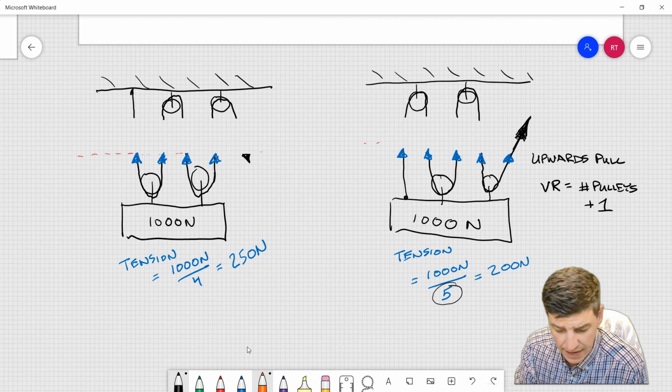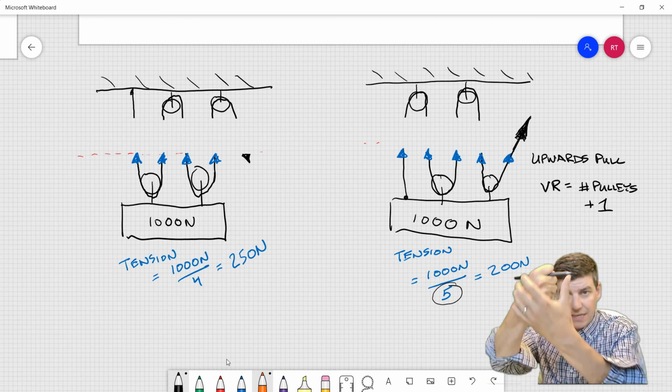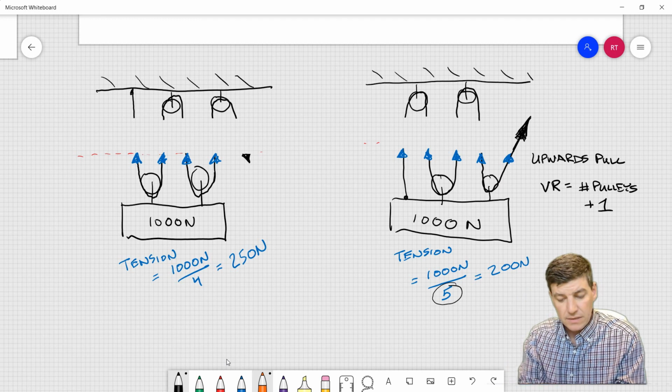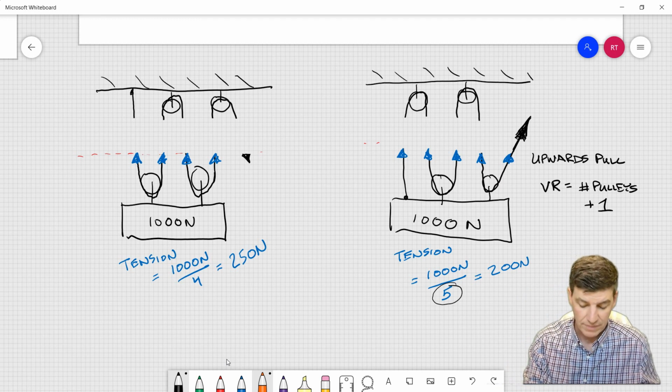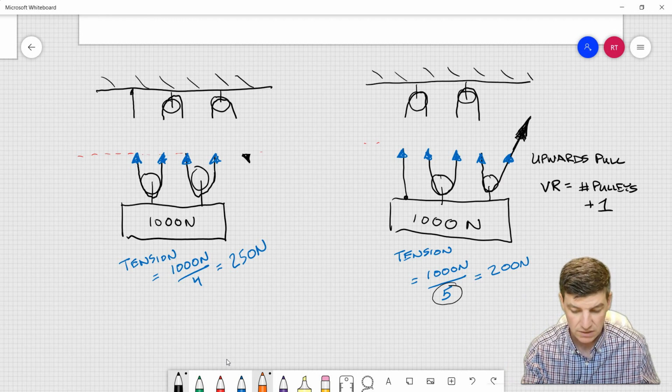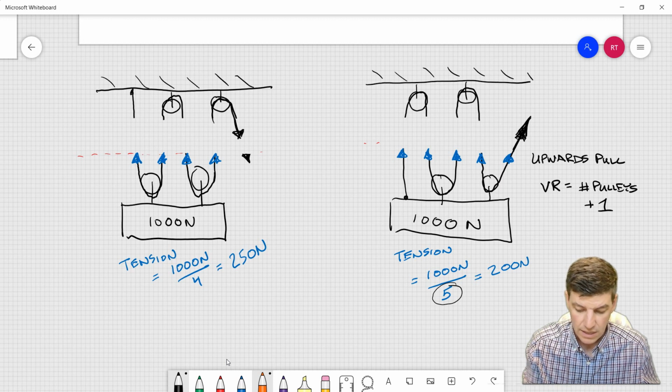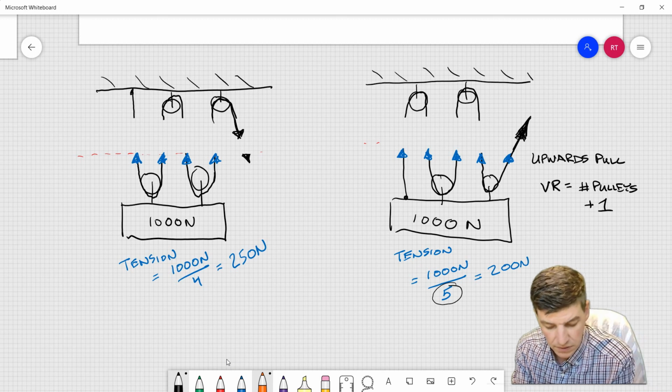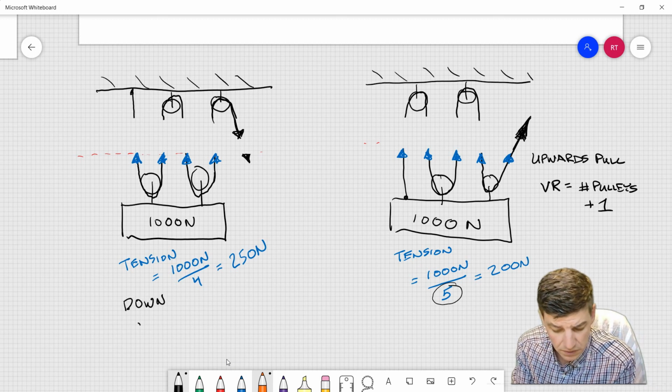If we're pulling in the downwards direction, we have a situation where my downwards pull does not help me lift my load. It's only changing the direction of my pull. And so if I have a downwards pull, my VR is equal to the number of pulleys.